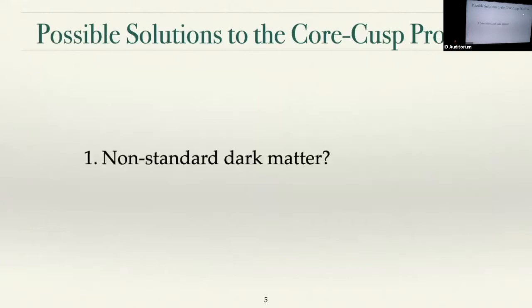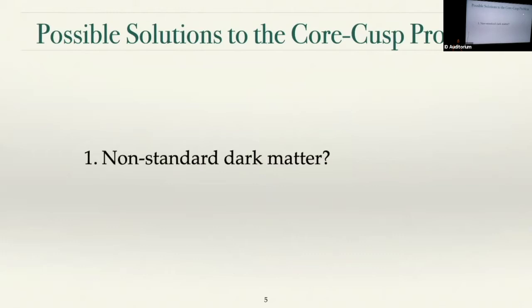Okay. So in the literature, there are a number of potential solutions that have been proposed. The first is non-standard dark matter. Maybe something is happening with the dark matter other than just interactions through gravity. We know that the baryonic matter, that small sliver in the mass energy pie chart from Planck, has all kinds of complicated physics.